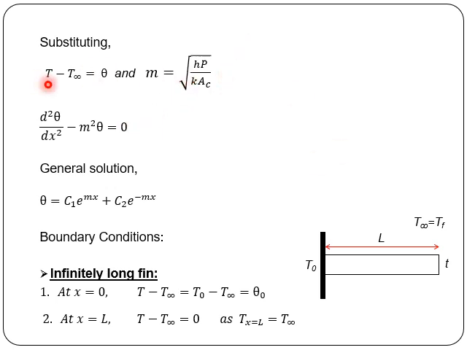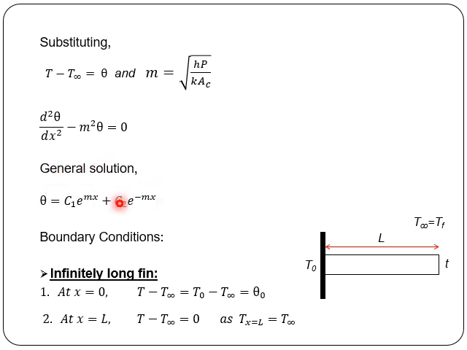If I substitute T minus T infinity equal to theta, and m equal to under root of hP by kAc, then I get d square theta by dx square minus m square theta equal to 0. The general solution for this equation using basic mathematics is theta equal to C1 e raised to mx plus C2 e raised to minus mx.